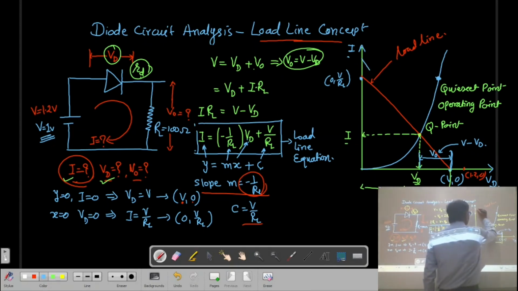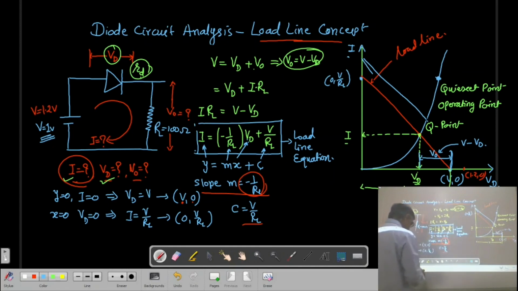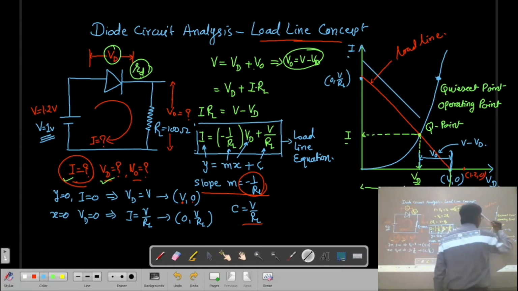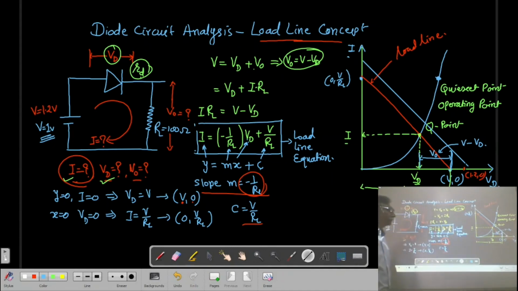So here the new line will be like this, if I apply this voltage.